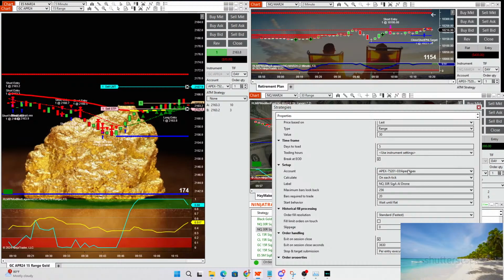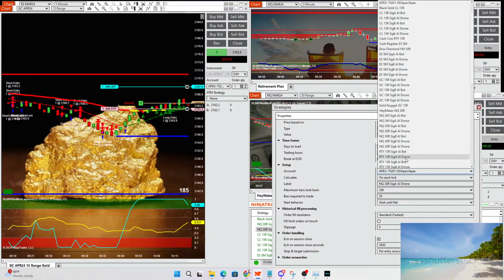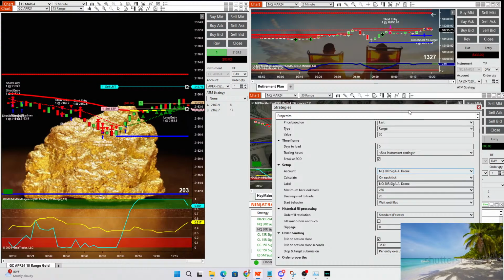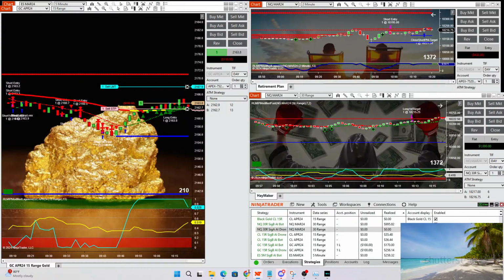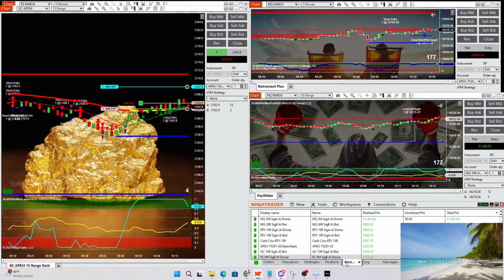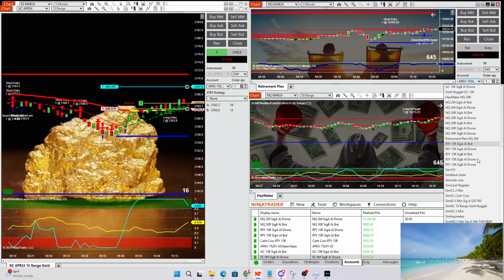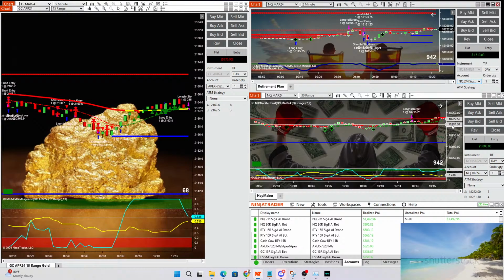Yeah. Put it back. Signal AAI drone. All right, so I'm going to take off my Apex. So I lost 570 on one, and I made 525 on the other.